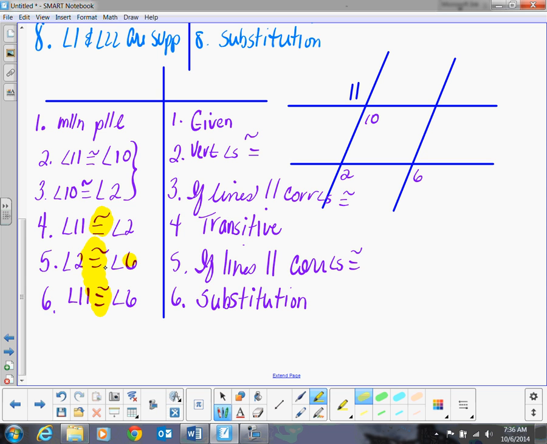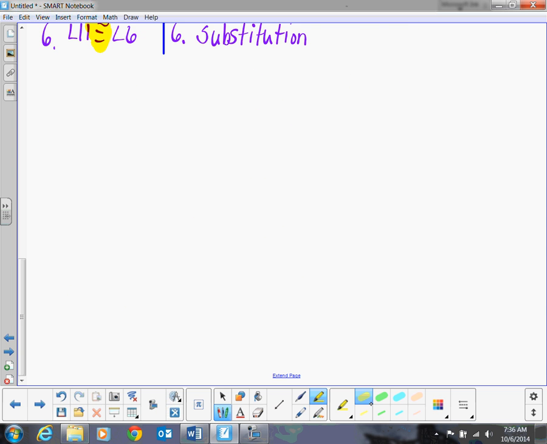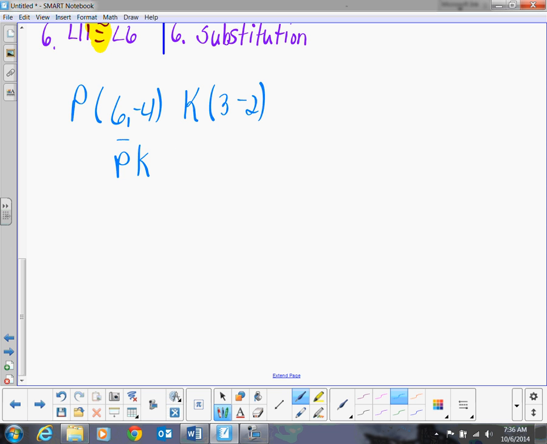Other questions? Yes, Becky. Number 1. All right, is this on your test? Yes. You are given 4 sets of ordered pairs. We've got P, which is (6, negative 4), and we've got K, which is (3, negative 2), and we're talking about segment PK.